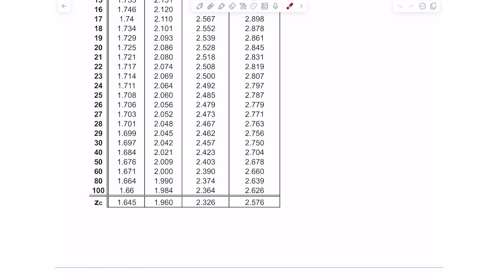If my degrees of freedom was, let's say, 99, you would not go to 100, you would go back to 80. So we're more conservative when finding critical values. Always go back. The only time you go up is if you're past the 100. So since I'm past 100, my degrees of freedom is 149. I basically go here and I just use 1.960. That's a good estimate. If you use your calculator to figure out the value, you might get something a little bit different, okay? So we're just going to use 1.960.